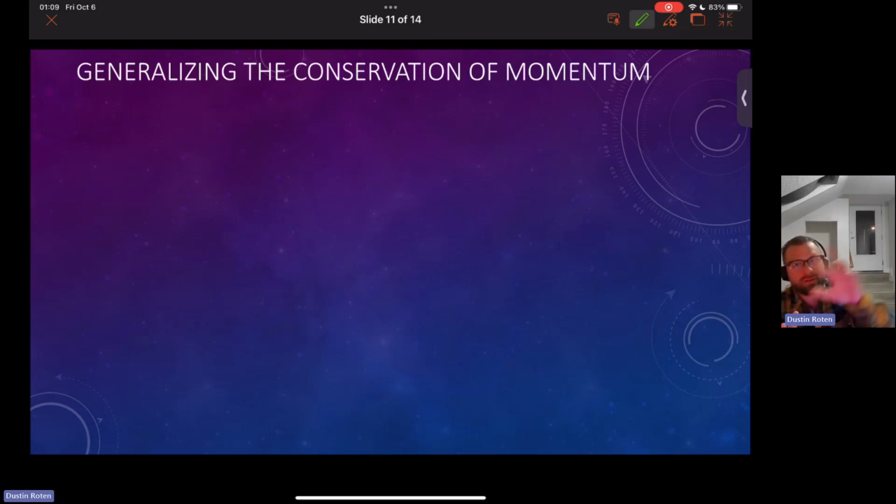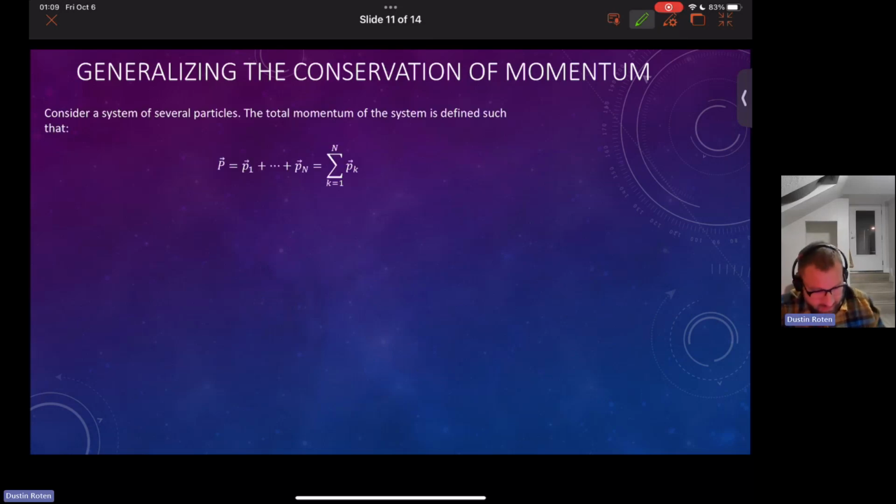Now, I want to generalize this to lots of particles. And it gets pretty mathy, but it'll be a good time. So let's say we wanted to generalize this to a million particles if we wanted to. We know that the total momentum of this system is going to be defined where we just add everything up.